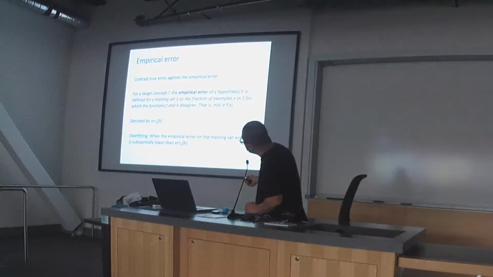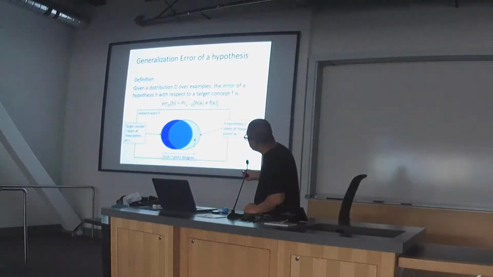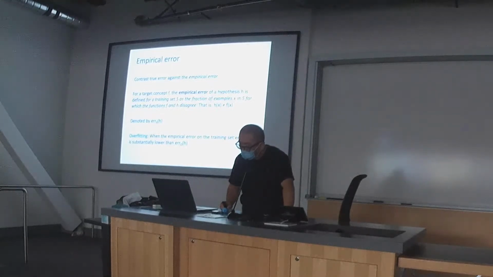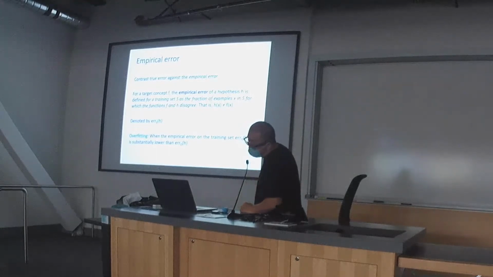So we denote the empirical error by error S, because S is the training set, and we denote the generalization error by error D, because D indicates the data distribution. With the definition of empirical error and the generalization error, we can define overfitting in a more formal way. That is, your model is viewed as overfitting the training data if the empirical error on the training set is substantially lower than the generalization error.